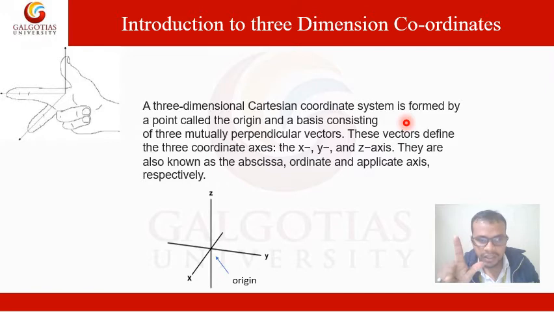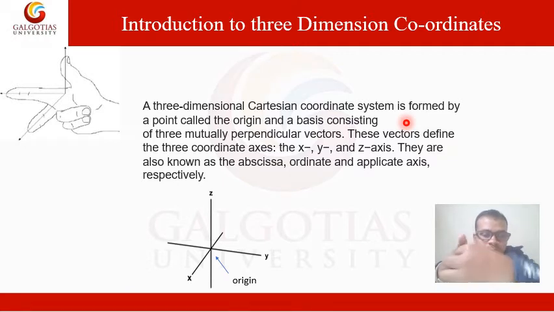Here, the four fingers comprise the x-axis, pointing outside the page, and this is your z-axis and this is your y-axis. The point where all of these are joined together is known as the origin.